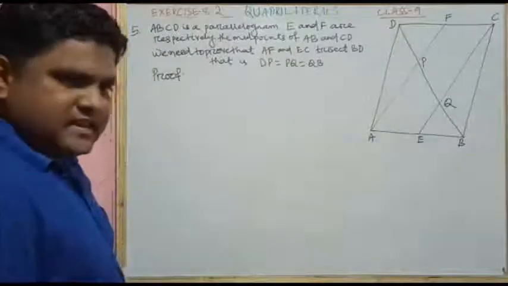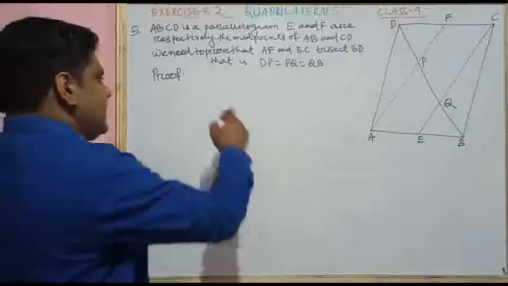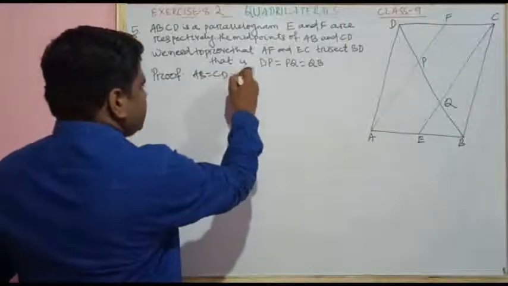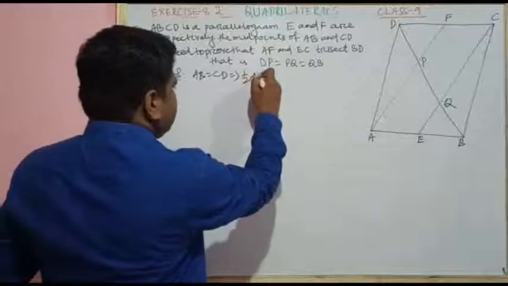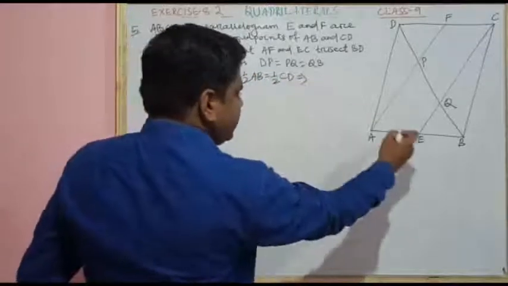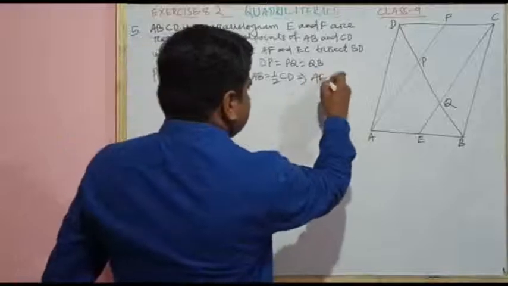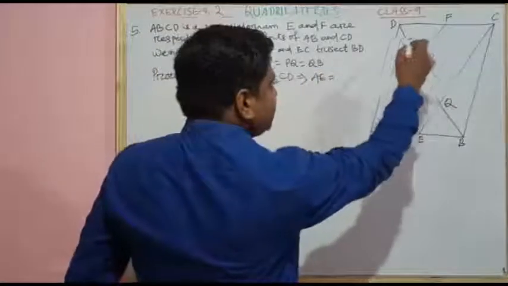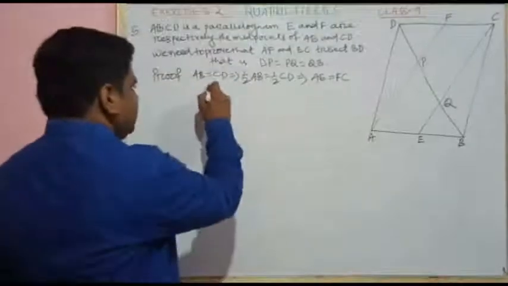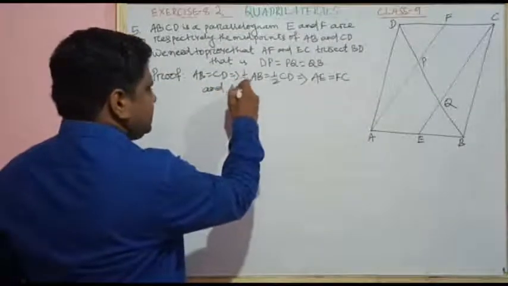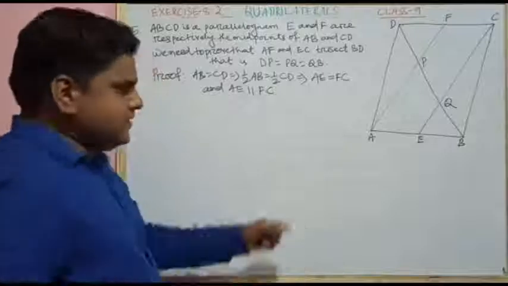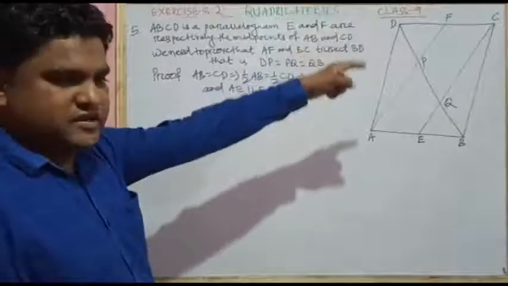It is given that ABCD is a parallelogram. From here we can write AB is equal to CD, this implies that half of AB is equal to half of CD. Half of AB is AE and half of CD is FC. AE is equal to FC and AE is parallel to FC because AB is parallel to CD.